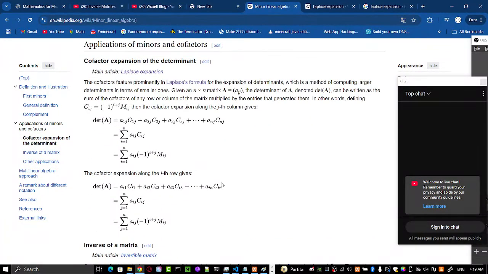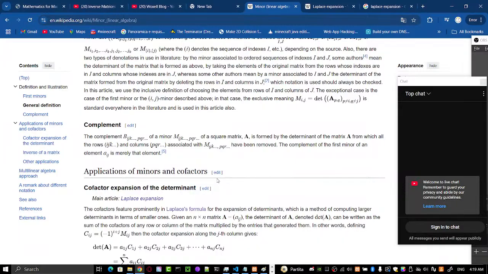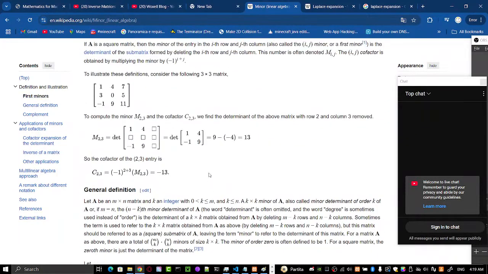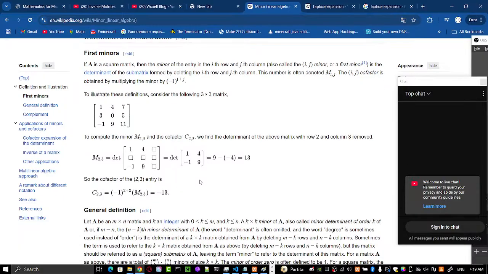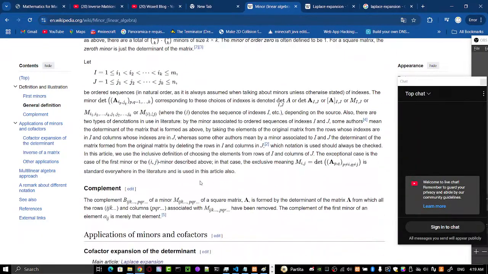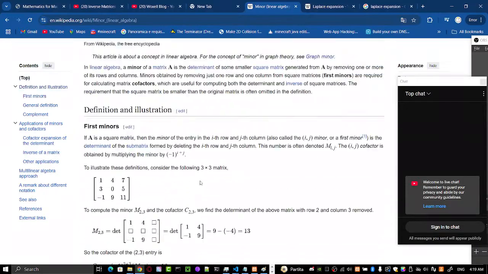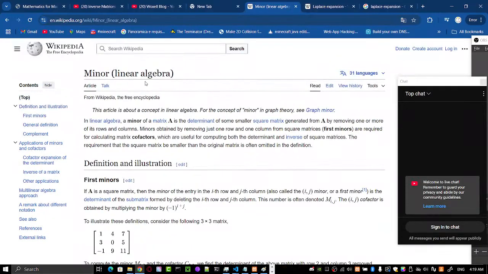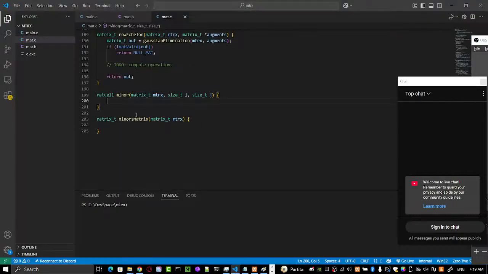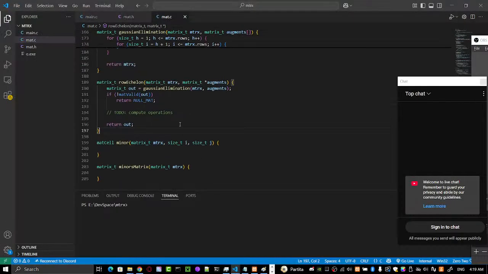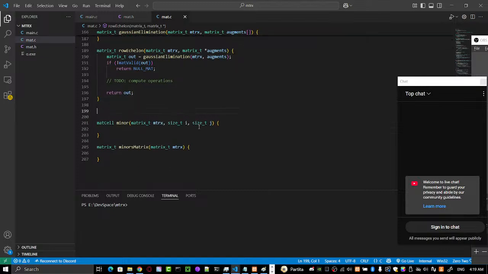Then you have to divide each cofactored minor by the determinant of the original matrix, right? Oh, before that we have to reflect this matrix, right? But we can implement this function that gives us the actual thing.